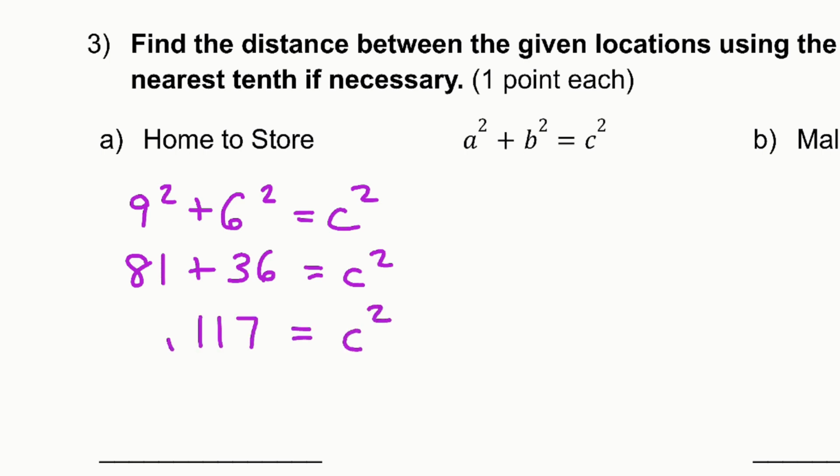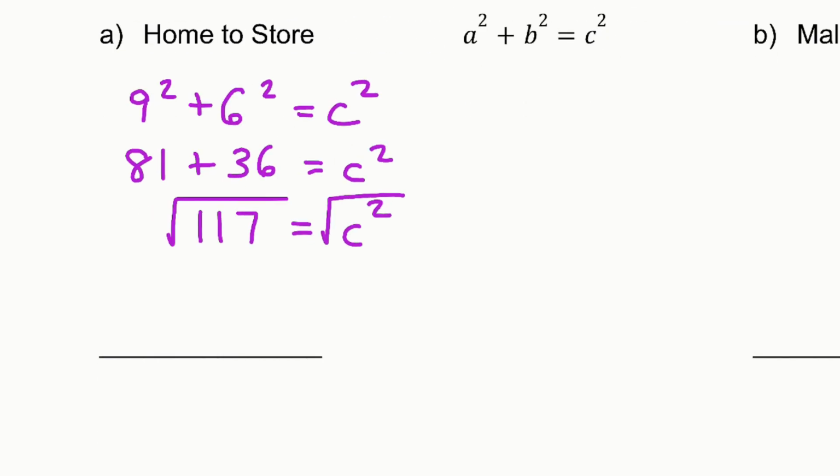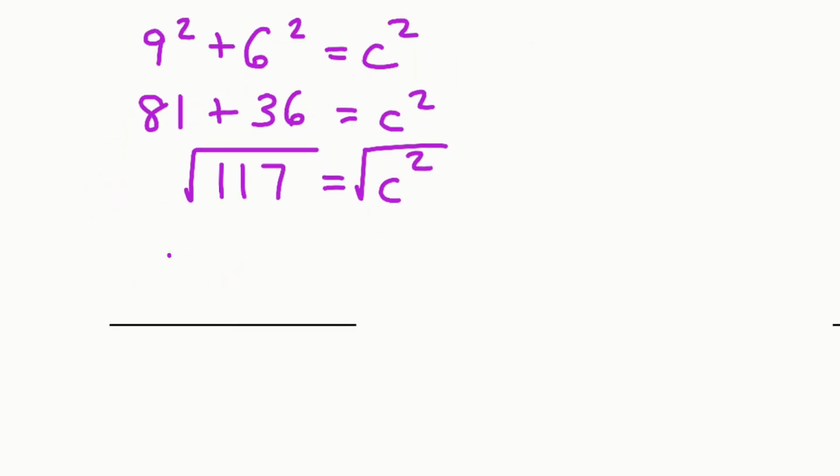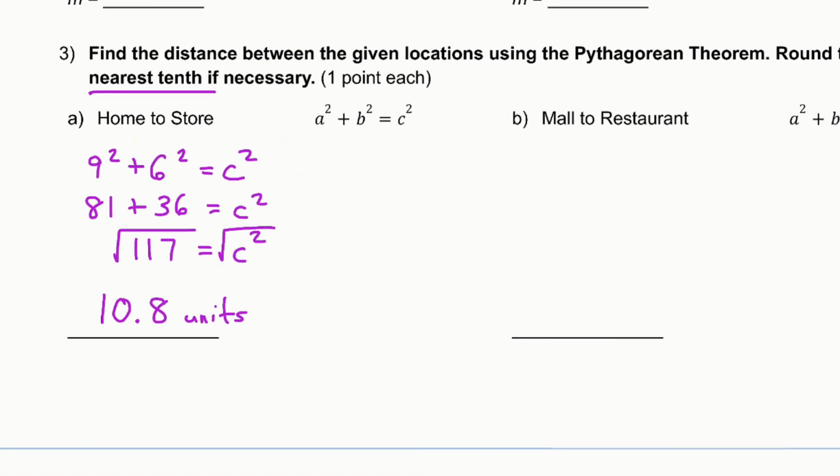And then remember that we undo something being squared by taking the square root. So the square root of 117 is going to get me about, it does say round to the nearest tenth if necessary, so it's going to get me about 10.8. And I'm going to put units just because that's going to be affecting task 6.